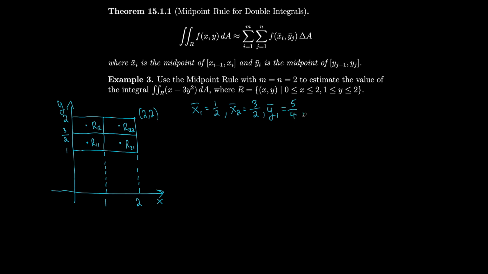And then my next y value for my sample point is between 3 over 2 and 2, so that's 7 over 4. Okay, I also need the area of each of these subrectangles. So it looks like they have length 1 and height half, so the area of each of these, delta A, is equal to 1/2.